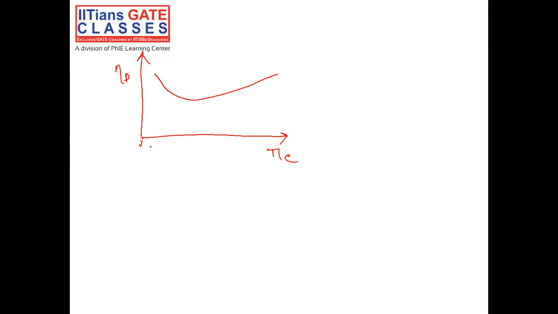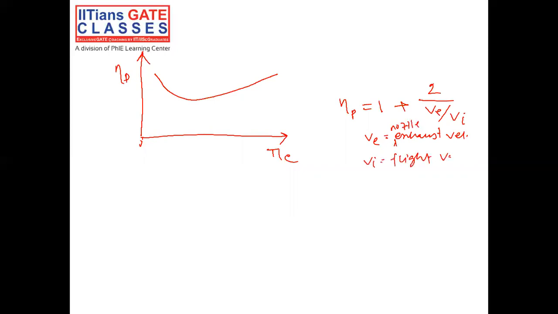The explanation of this is, we know that eta p is 2 divided by (1 plus Ve by Vi), where Ve is the nozzle exhaust velocity and Vi is the flight velocity. And if we see the variation of exhaust velocity with compressor pressure ratio, we get a curve like this.